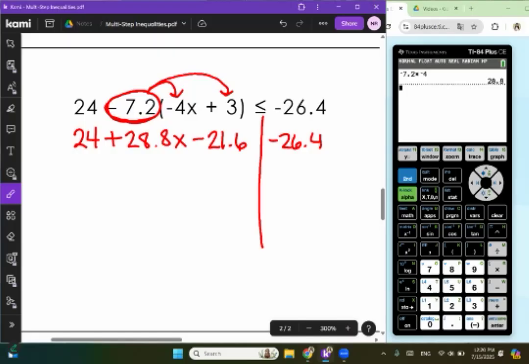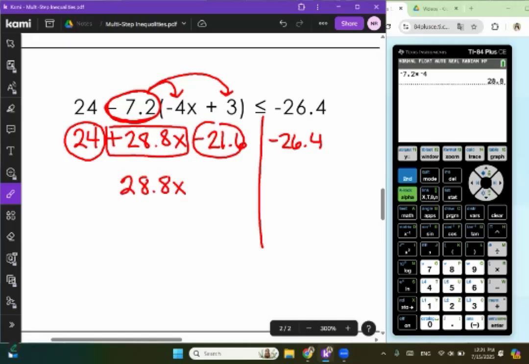Okay, now we do have too many terms on one side. If it's more than 2, it's too many, and we have 3. So we just got to draw our shapes. Okay, there's only one box, so I'm going to go ahead and bring that one down, 28.8x. But 24 minus 21.6 is going to give us 2.4.